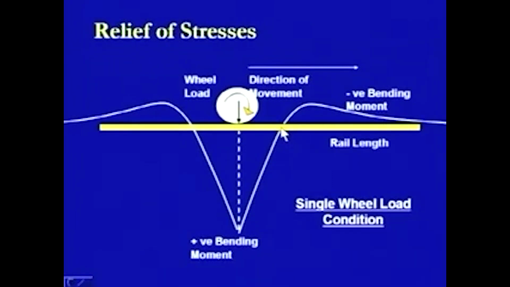So, at this point it is 0, and it takes a maximum negative bending moment value somewhere here. So, this is the distance at which the maximum negative bending moment will get created, and this is how there is going to be a sort of relief condition induced in this single wheel load condition.